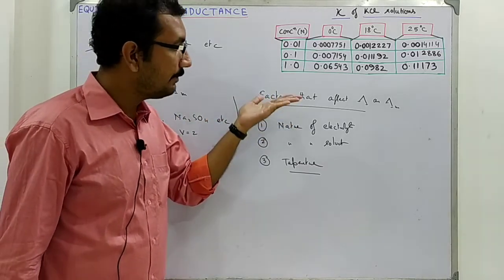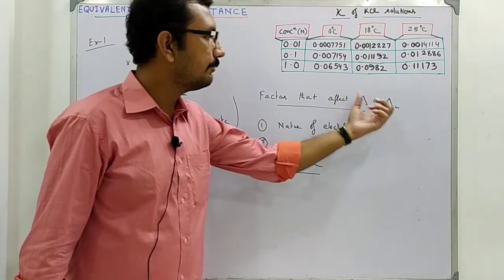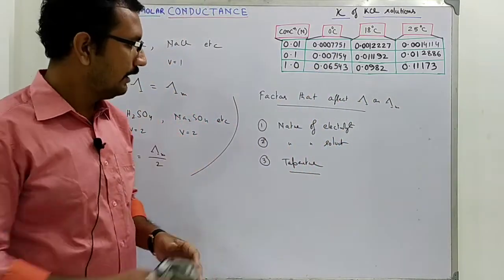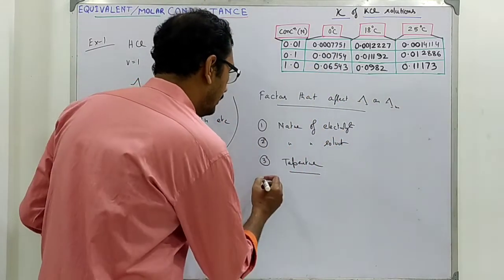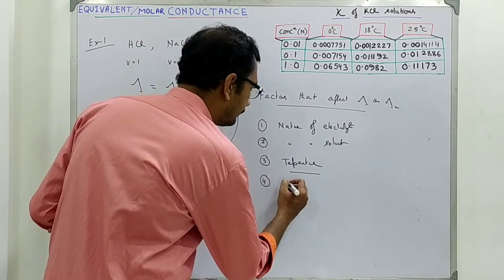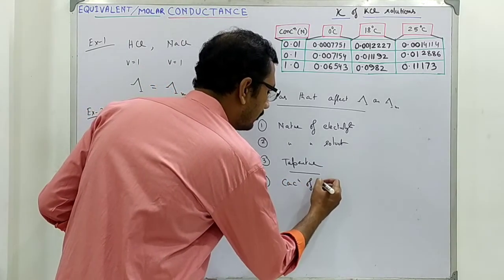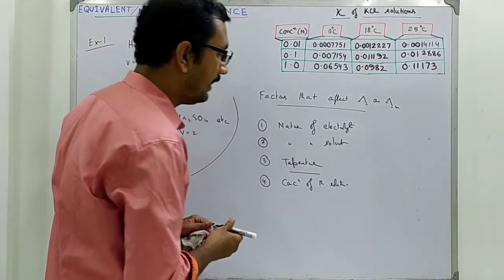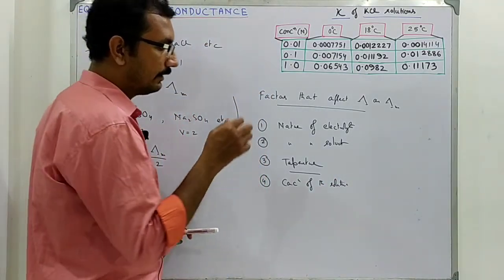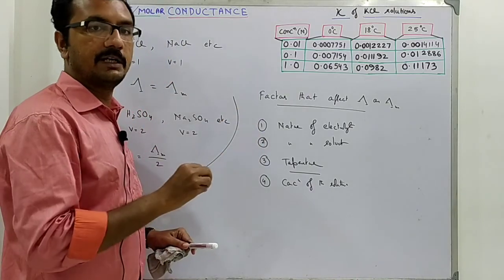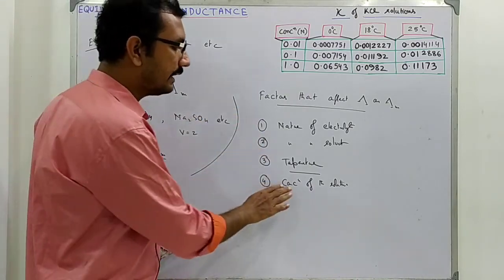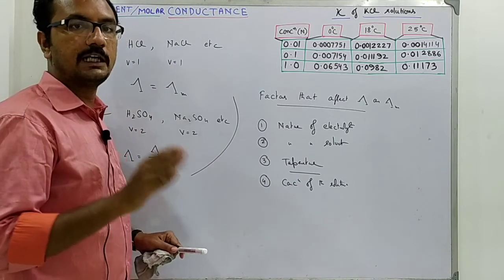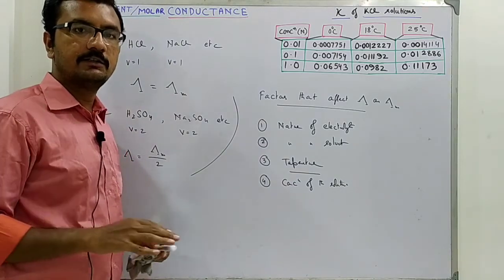So, equivalent conductance and molar conductance actually depend on the concentration of the solution, but not in the manner the specific conductance depends. It is of generically different origin. So, that you must keep it in mind.